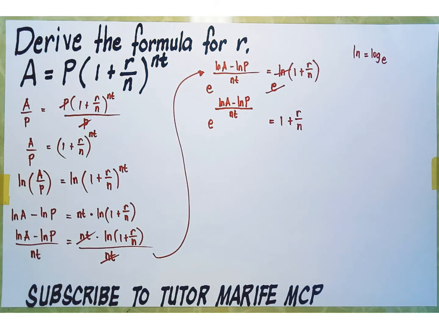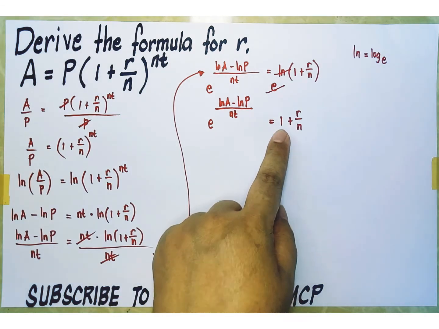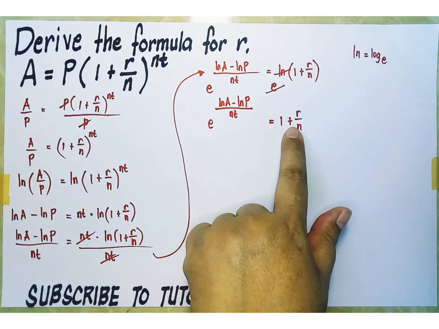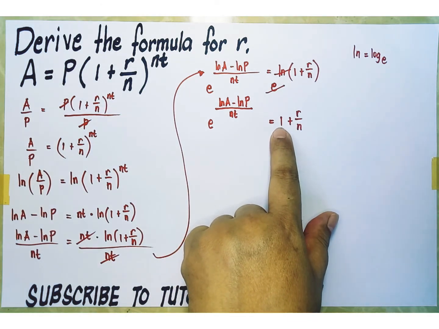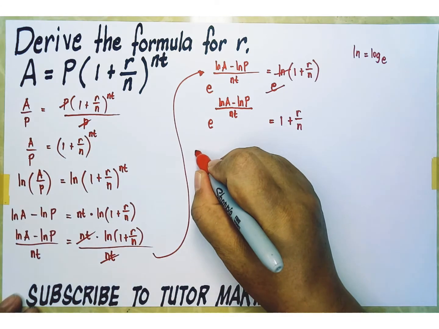Okay, the next step is to eliminate 1 from the right side. I'll use the inverse operation of addition to remove it from the right side. So, subtract 1 from both sides of the equation.